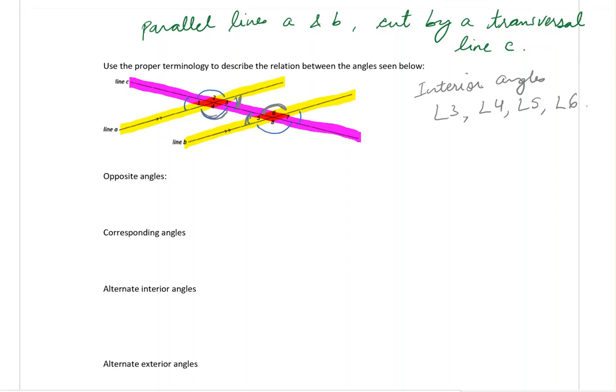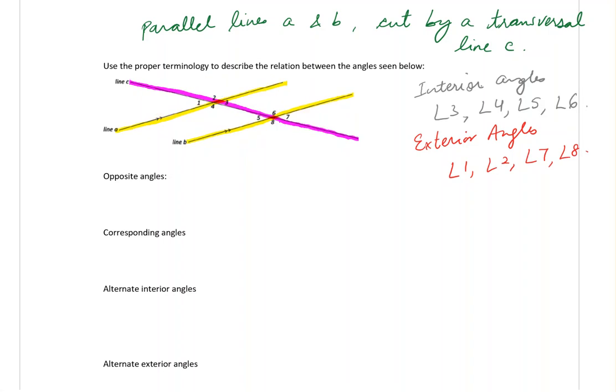In this case, we have angle 1, angle 2, angle 8, angle 7. So exterior angles are angle 1, angle 2, angle 7, and angle 8. I have removed the extra angle drawing so that when we talk about the different pairs of angles, I can just show you by highlighting those.